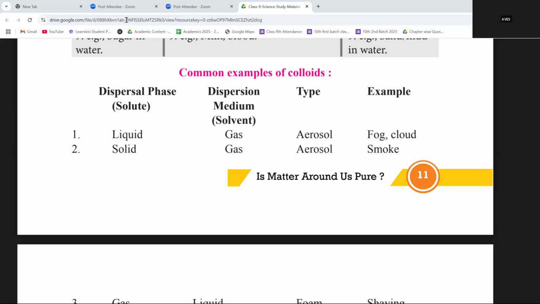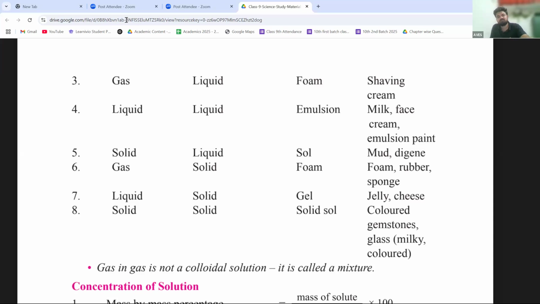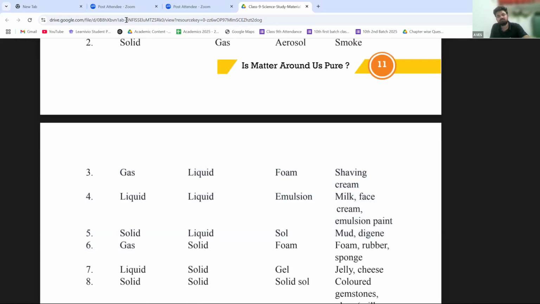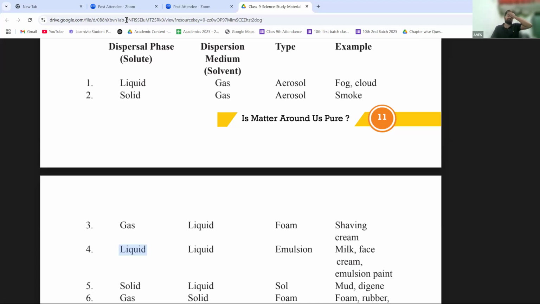So you are done, everyone? Note this one. Sir, can you scroll back up one more time? Note it down fast.